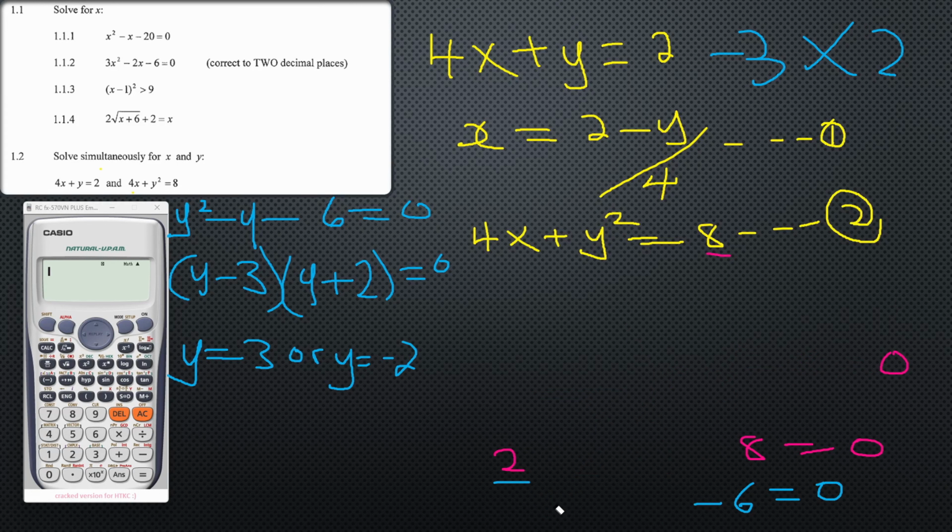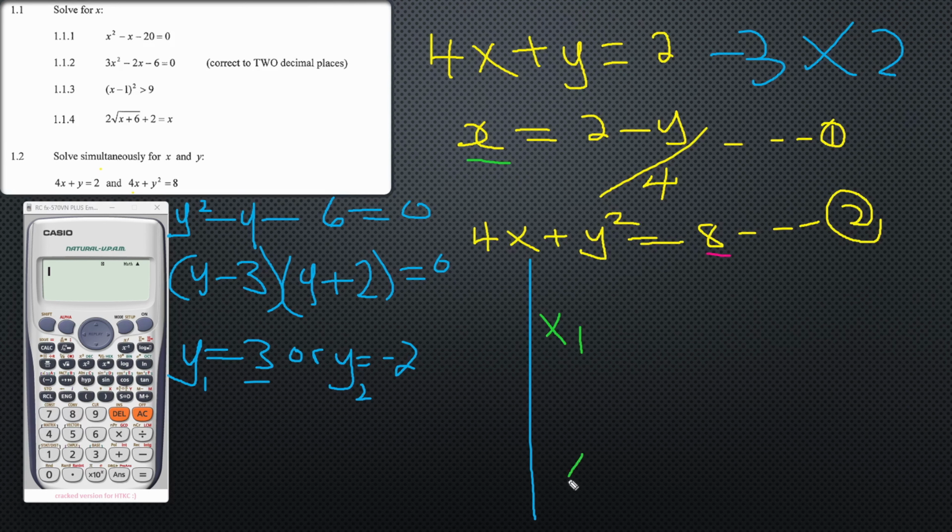I'm just going to erase the board so that we can get an area where we can write everything. Okay, so let's say y1 = 3 and y2 = negative 2. In order for us to get the x values, x1 and x2, we can substitute these into equation 1. So x1 = (2 - 3)/4, which is equal to negative 1 over 4.